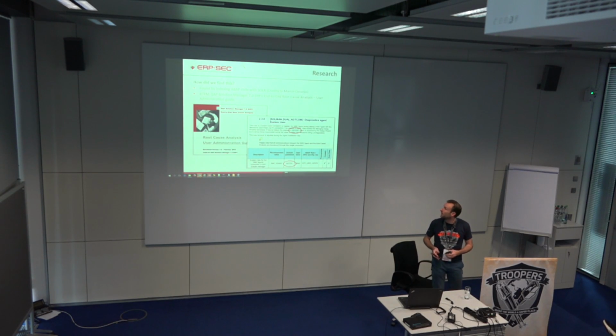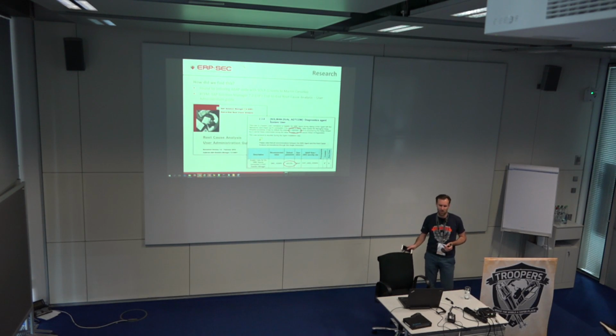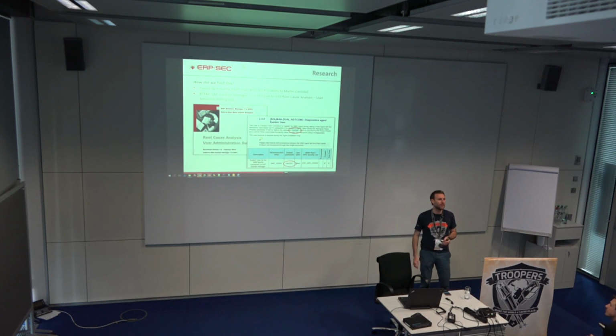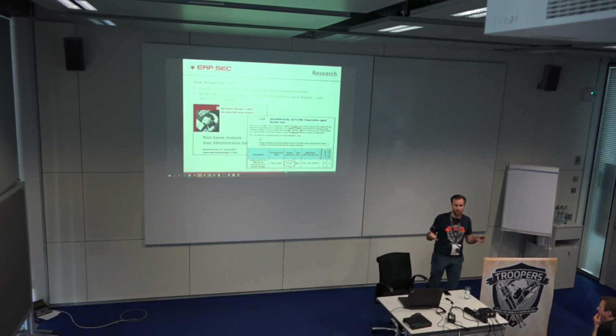Good to know and interesting to know is I want to share some more details about how we find this. We do quite some research, and one of the things that we did already quite some time ago is index all the ABAP coding in an SAP system. Normally, if you want to search the whole ABAP code base for specific statements, you can use a program called RS ABAP source scan, something like that.